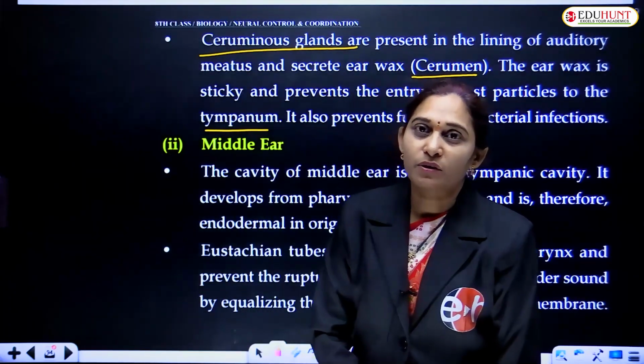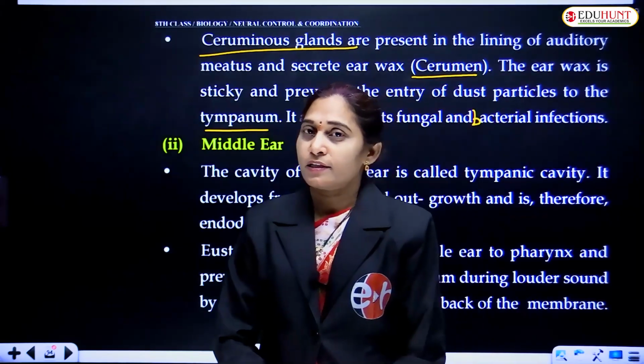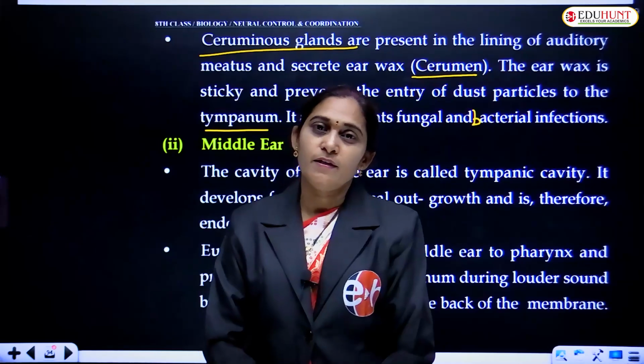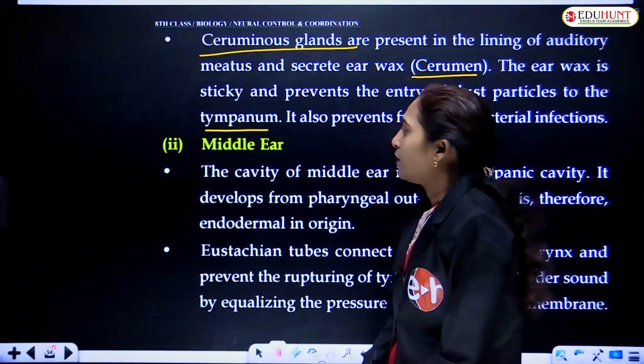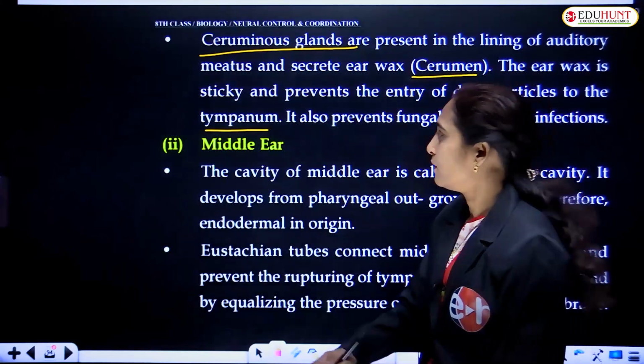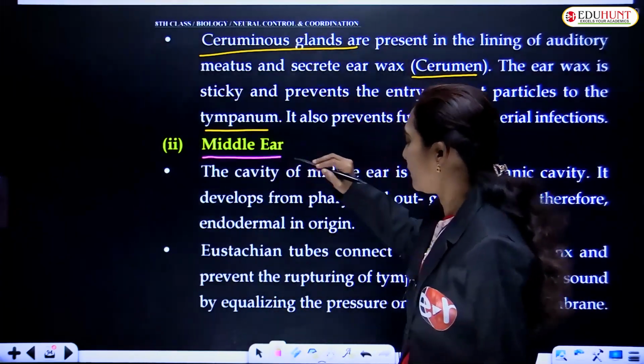We have discussed the external part, that is the first part of the ear, the pinna and auditory meatus. Now let us discuss the next part of the ear. It is the middle ear.